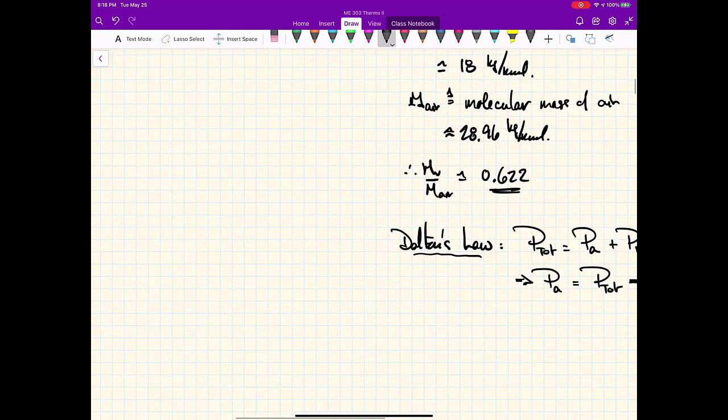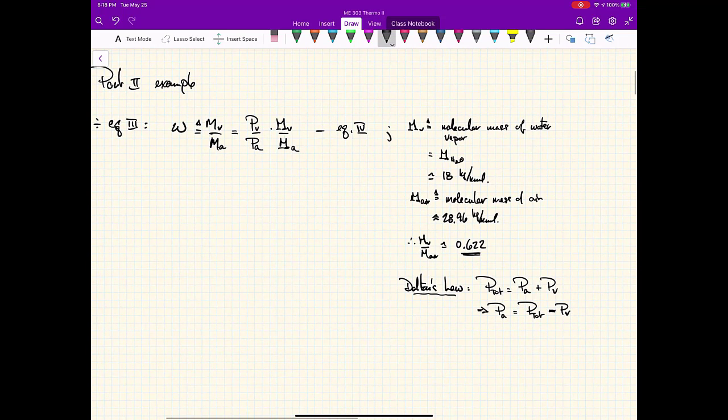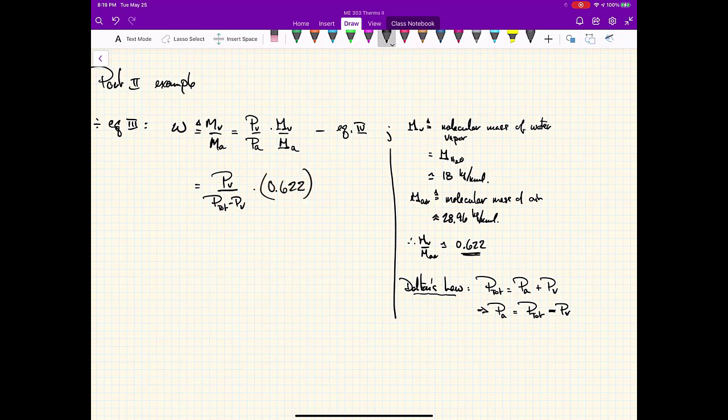Okay, so taking all this together and substituting it back into my equation 4, that means that the humidity ratio is therefore equal to PV over P total minus PV times 0.622.